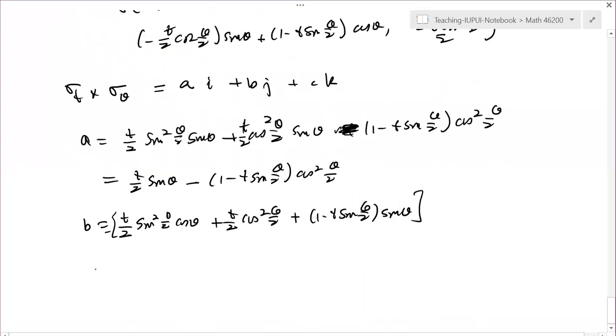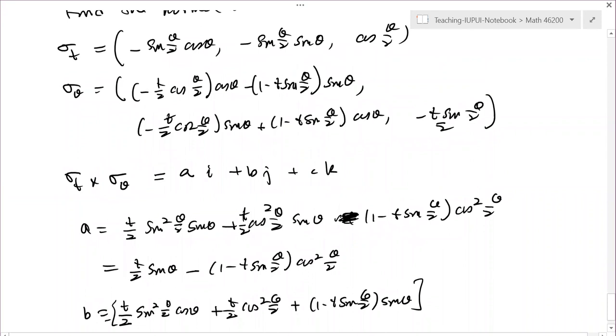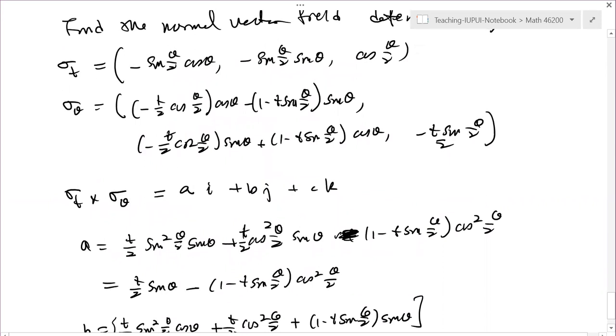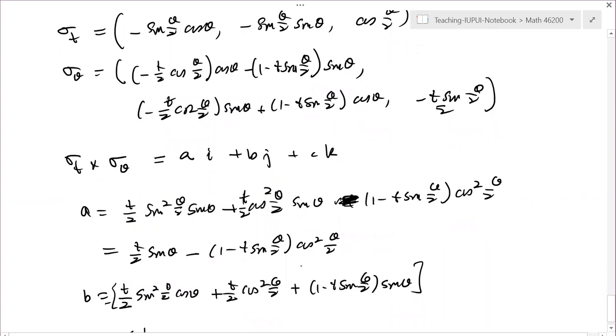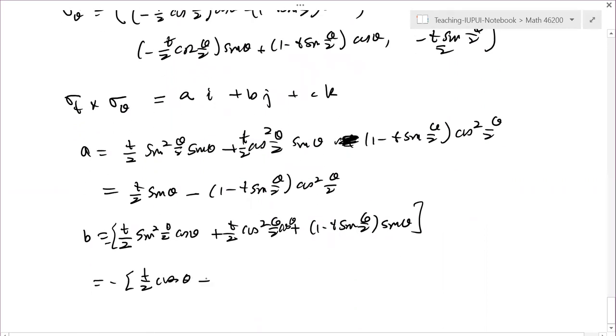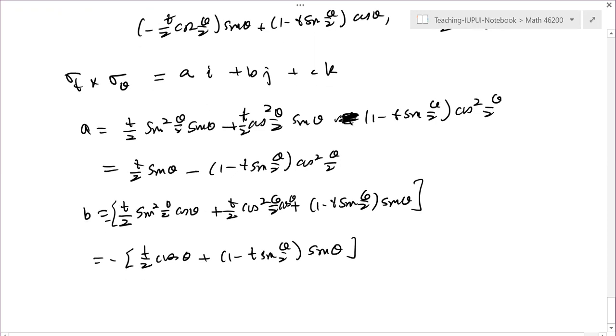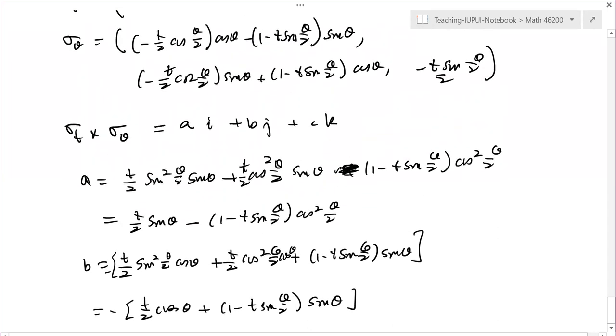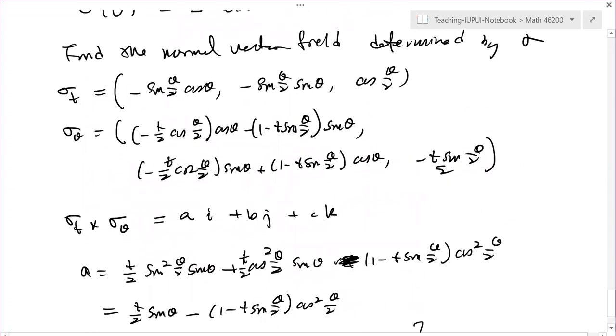So this will be half of t, I think this will be cosine. I'm missing the cosine theta here. This is a cosine theta. So those terms are pretty similar, right? It's minus. Let me check. Yeah, this must be positive.